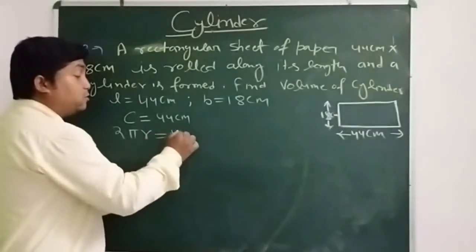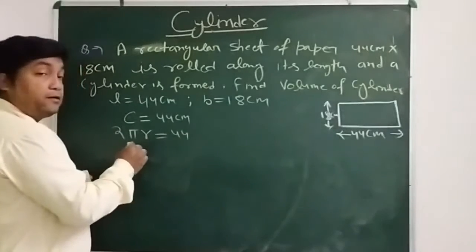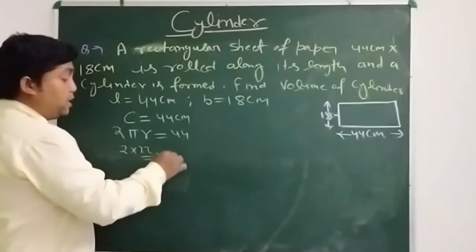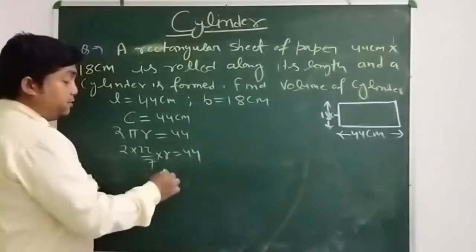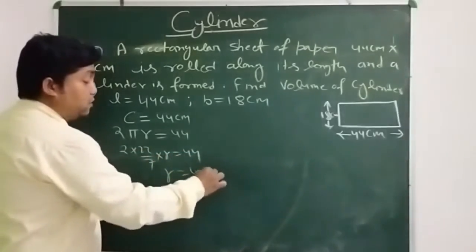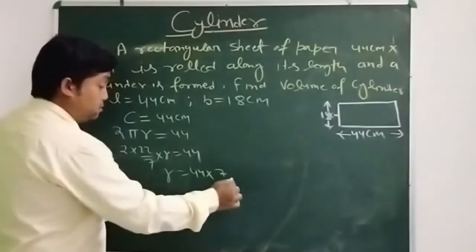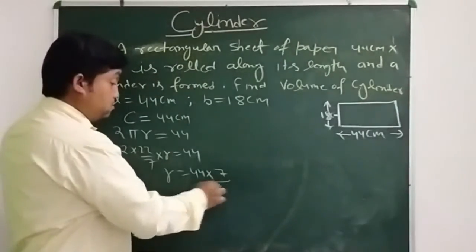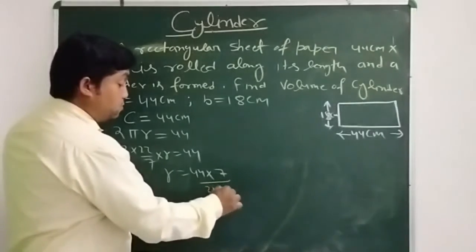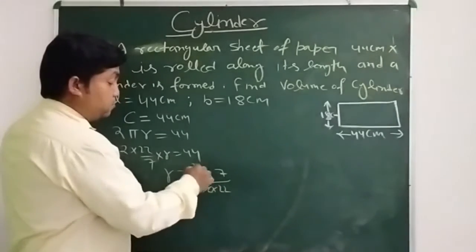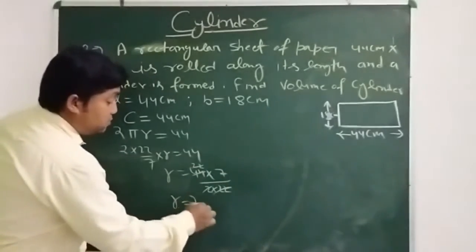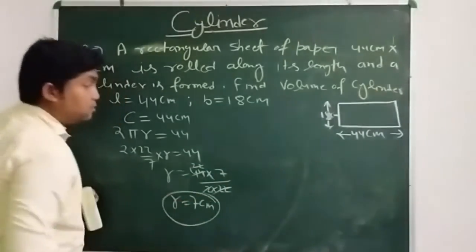So 2 pi r is equal to 44. Okay, 2 into 22 upon 7 into r is equal to 44. Then r is equal to 44 multiplied by 7 upon 2 into 22. Then r is equal to 7 centimeter.